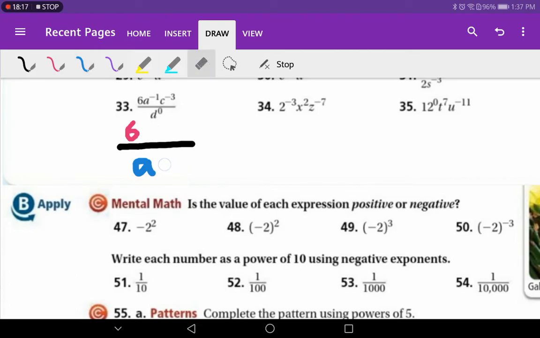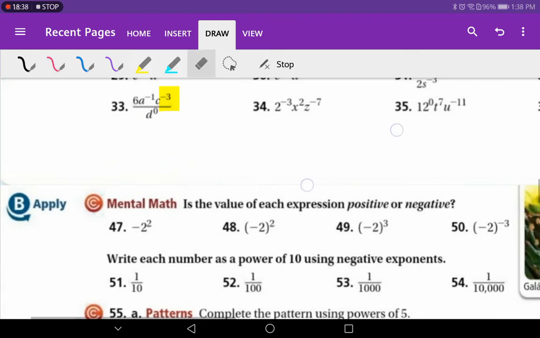Ignore it. The d here. Ignore it. It is 1. And the c is -3. I put it down also. It will be positive. So we're done. Let's go to the next.